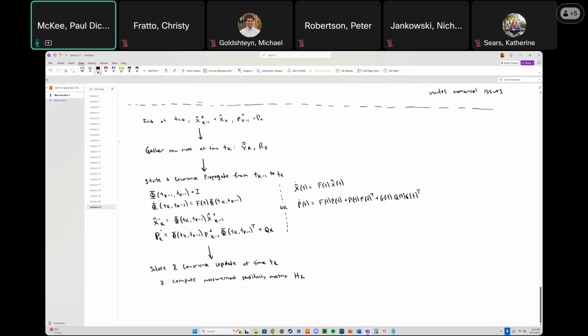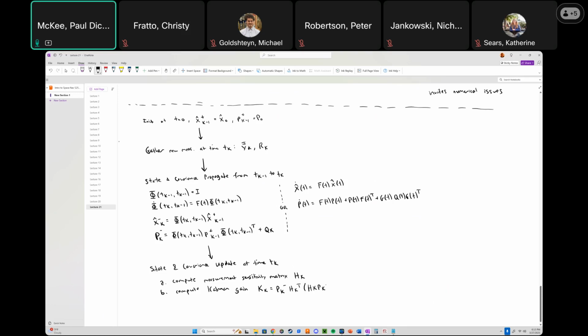Then we compute the Kalman gain, which is going to look like K at time k is Pk minus Hk transpose, Hk Pk minus Hk transpose plus Rk inverse. I left out the k's during the derivation because this is going to get really annoying.